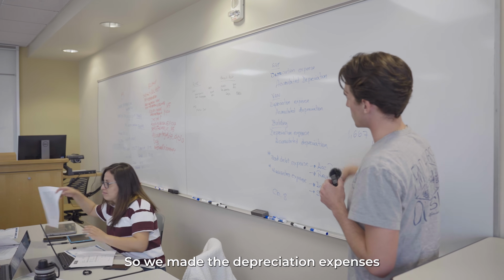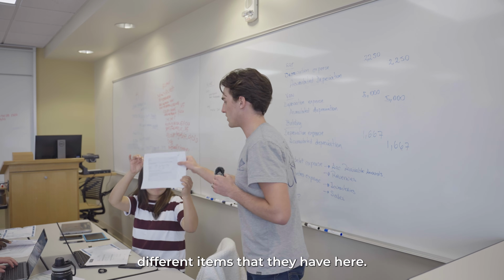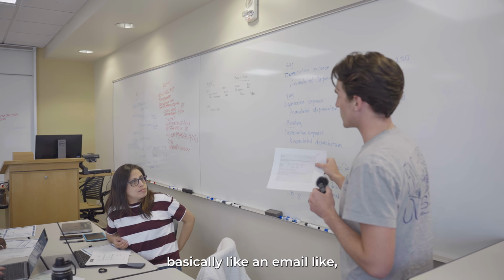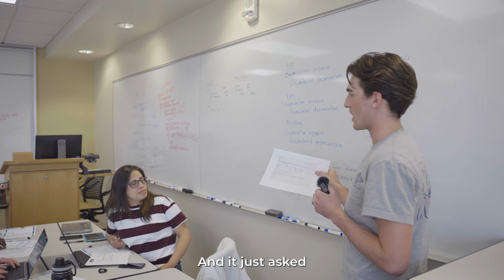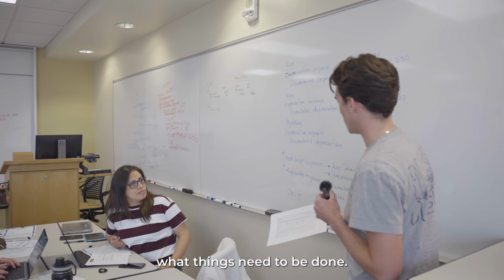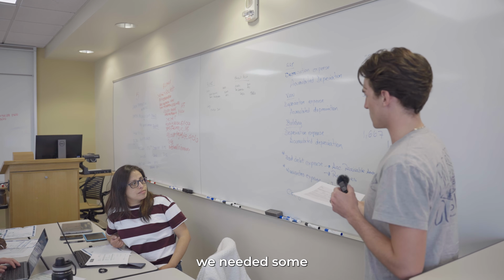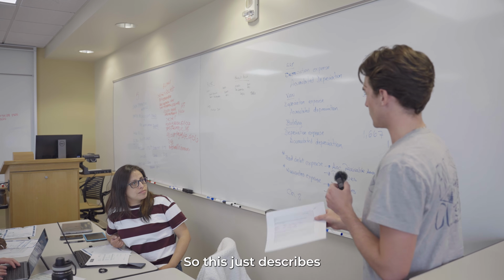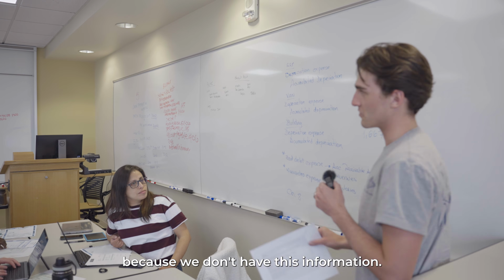So we made the depreciation expenses between the different items. It was like an email asking what things need to be done. We had some requests, but we couldn't do them because we didn't have the revenues, inventories and sales information.